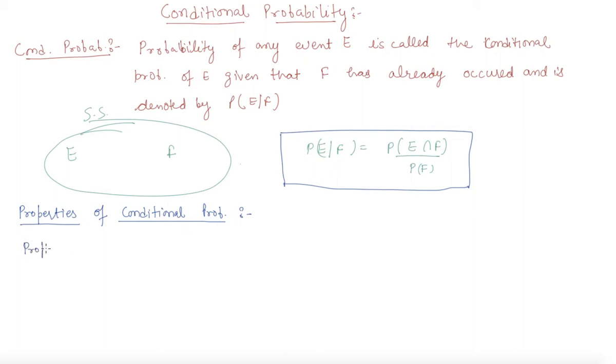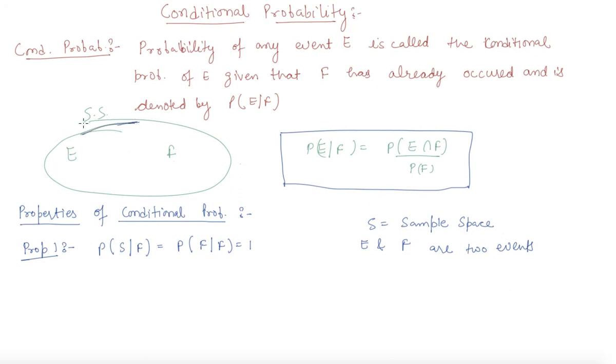Property number 1 is P(S given F) is equal to P(F given F) is equal to 1, where S denotes the sample space and E and F are two events.